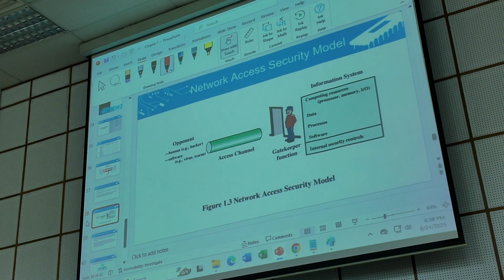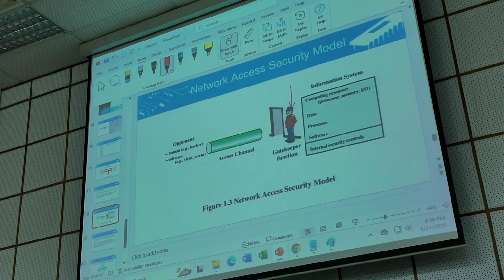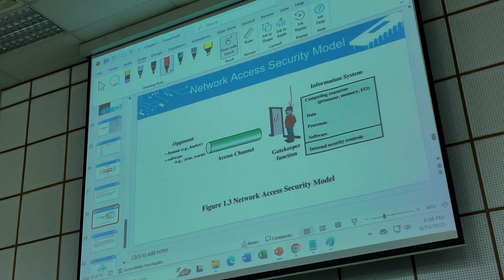So what is the network access security model? Can you see the guard here? What does the gatekeeper do here, standing in front of the door? You can see there's a human or the software. If the human is a hacker, what will happen?